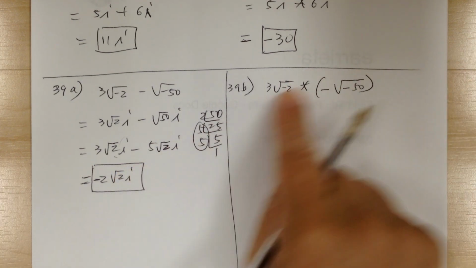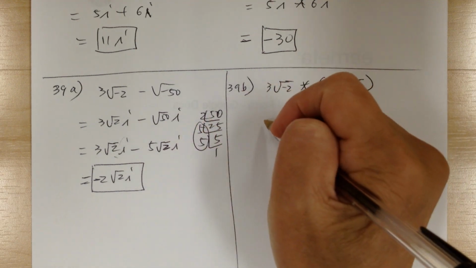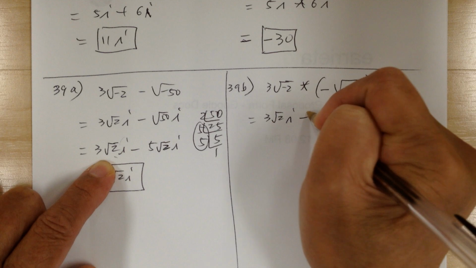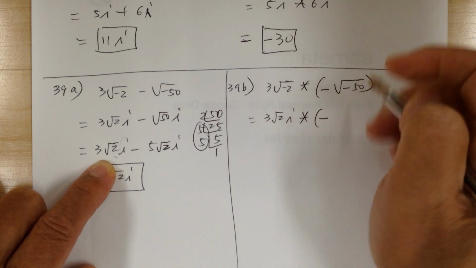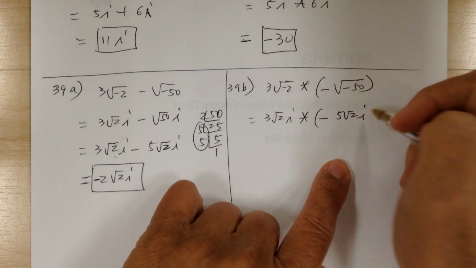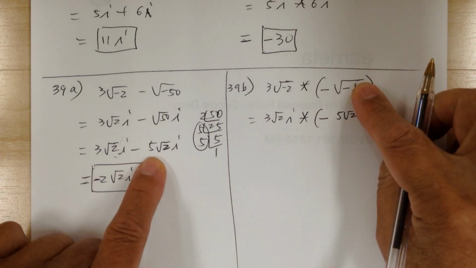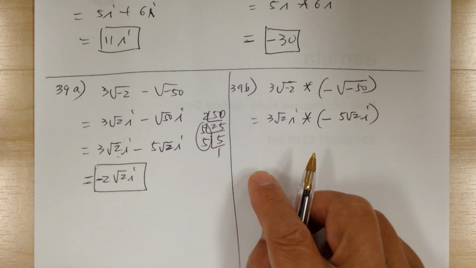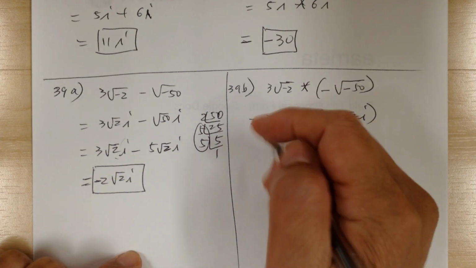Okay, so this one is kind of the same as this one already. So from here we know that this is equal to 3 square root of 2i. And this would be negative, and this would be 5 square root of 2i. Right? So this part is from here. Okay, so again, same. The difference is that this is subtraction, this is a multiplication.